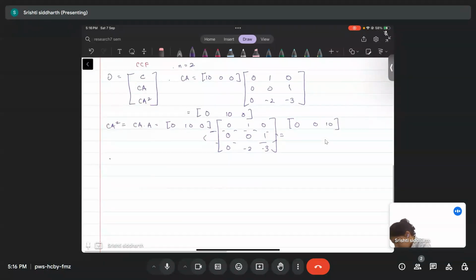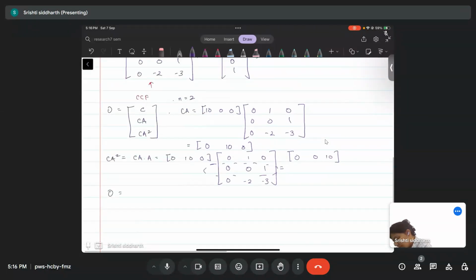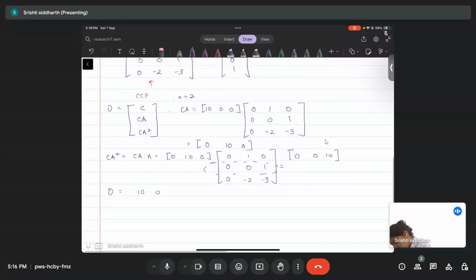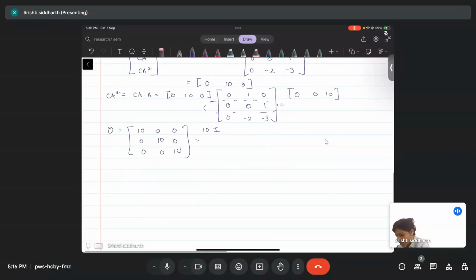Okay, so the observability matrix is 10, 0, 0, 0, 10, 0, 0, 0, 10. You can observe that this is simply 10 times the identity matrix. So then what's the determinant of such a matrix?